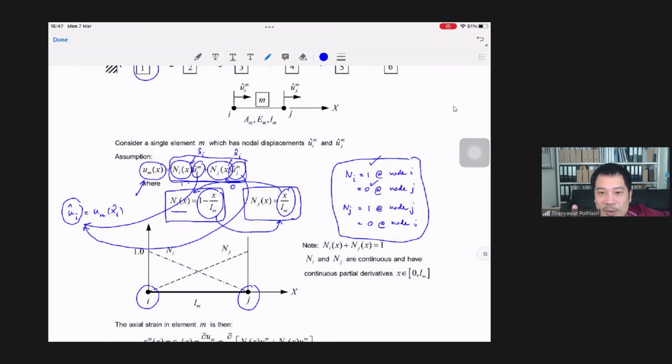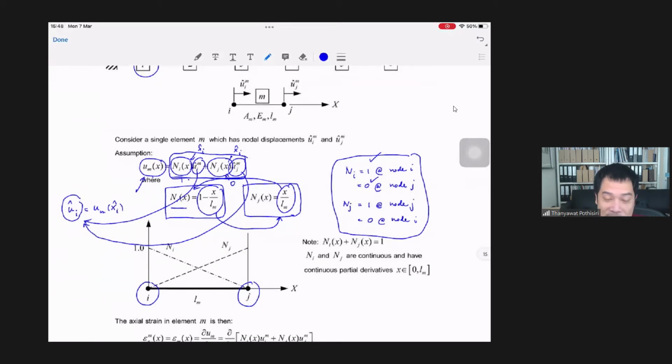So if you do not make Nj equal to 0, what would happen? You would end up with the remaining term of u hat j in this equation. It means that the nodal displacement at node I would have a contribution from the nodal displacement at node j, which would violate this approximation.